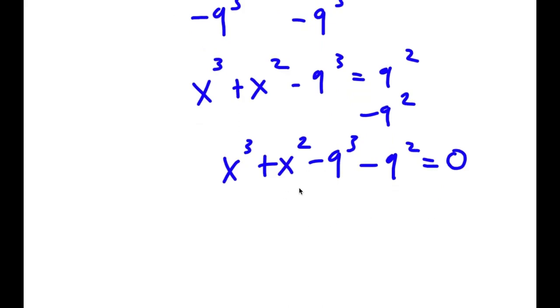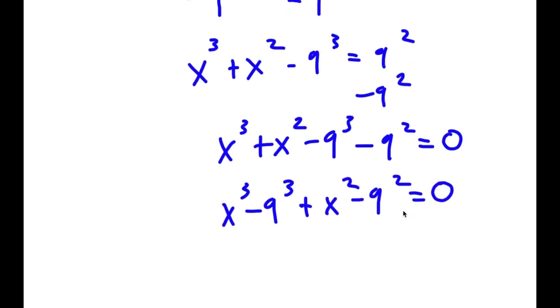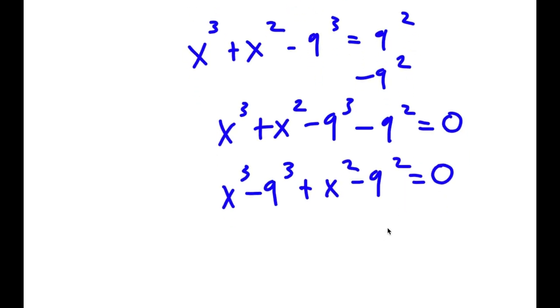And now I'm actually going to rearrange this. So now we have x to the power of 3 minus 9 to the power of 3 plus x squared minus 9 squared is equal to 0. Alright, so now to expand this problem a little bit, I'm going to use some properties of algebra.